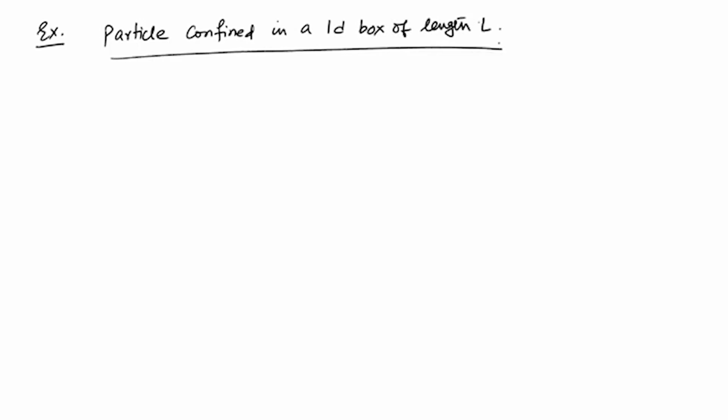We use a particle confined in a 1D box of length L. We have done this problem, but we have not calculated the entropy. So, let me just show that in a moment, and so this is the 0 energy. The particle confined in a 1D box is a free particle.